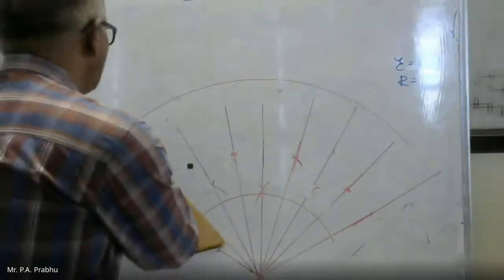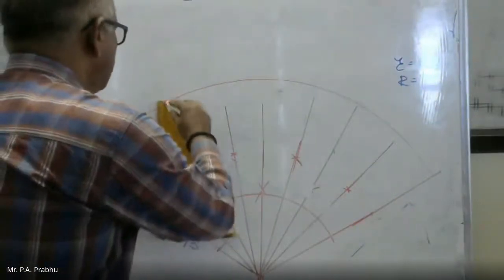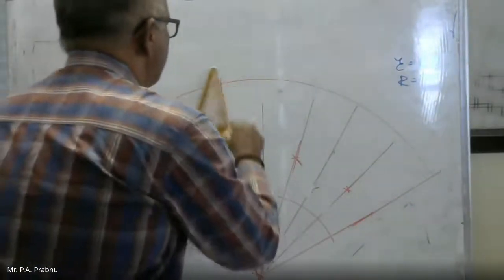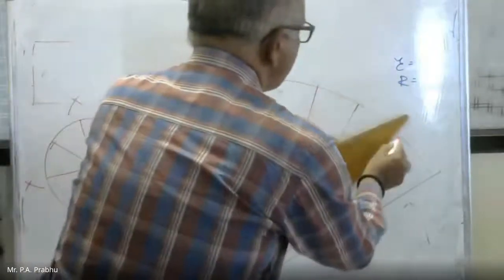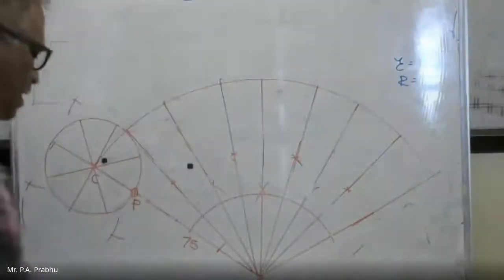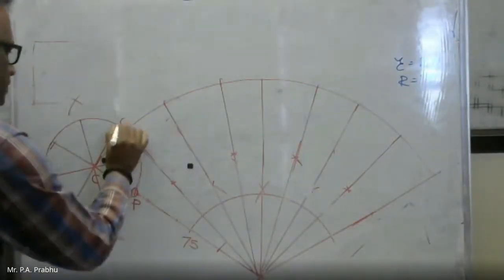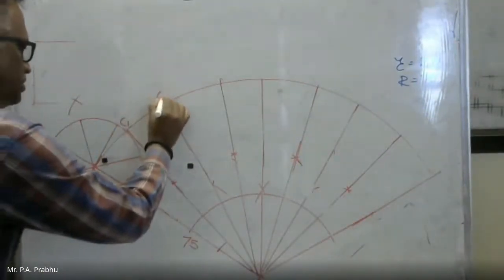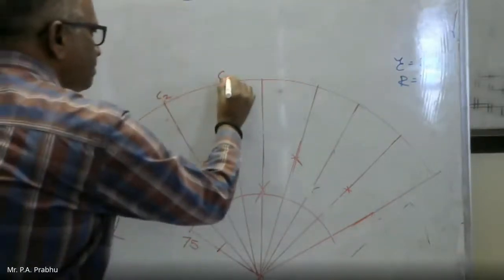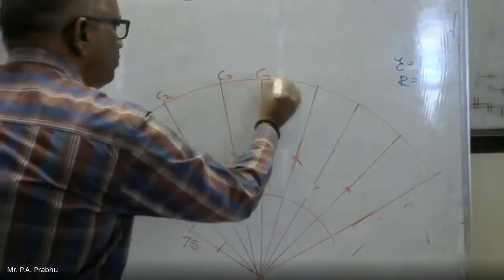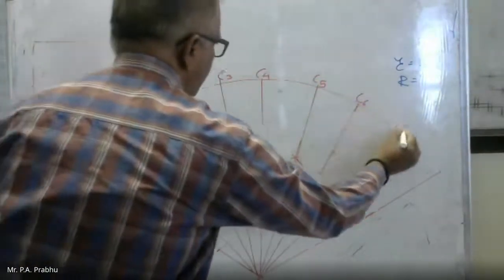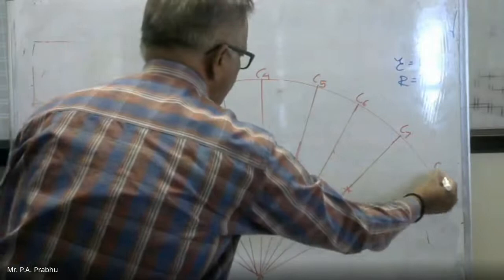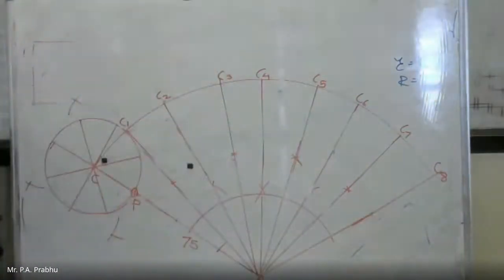Extend this line which we have drawn and mark the position of center C. Simply we have found out the locus of center C from C1 to C8.